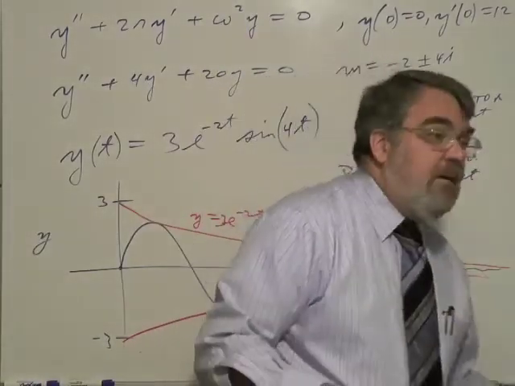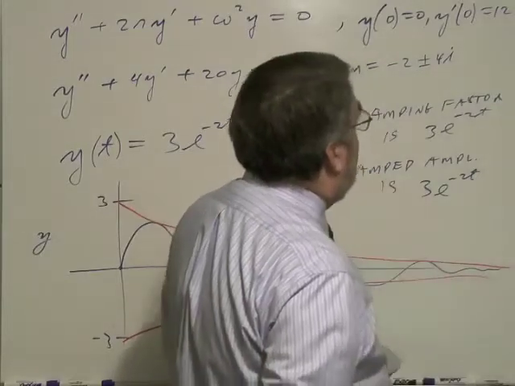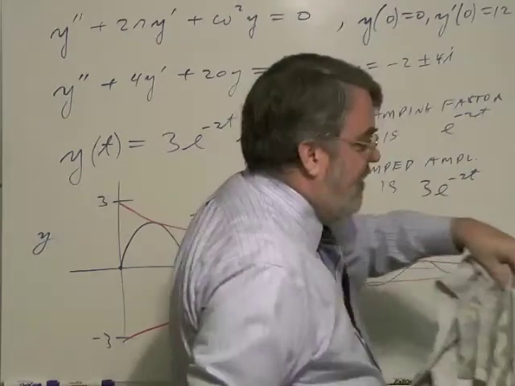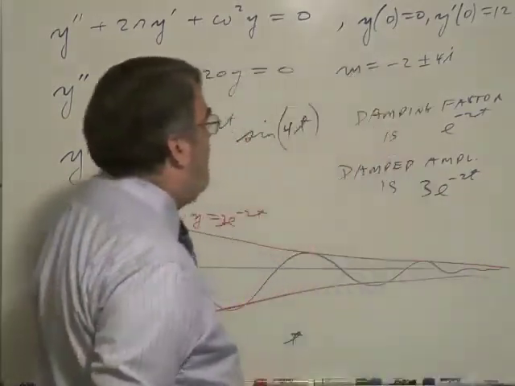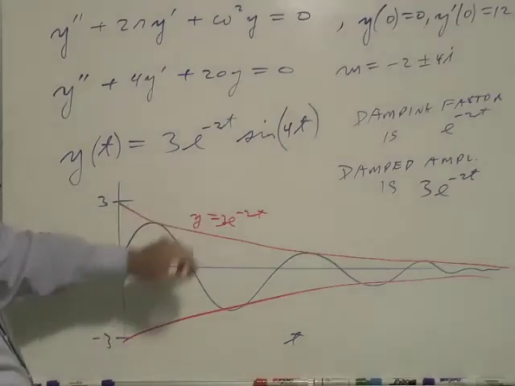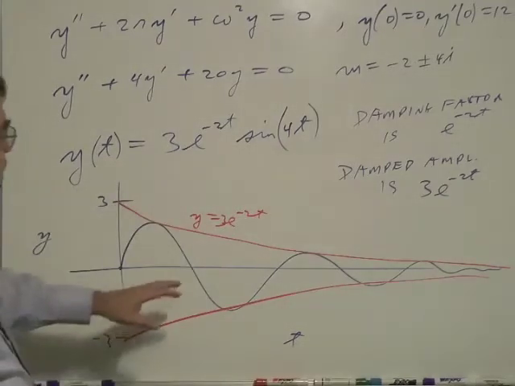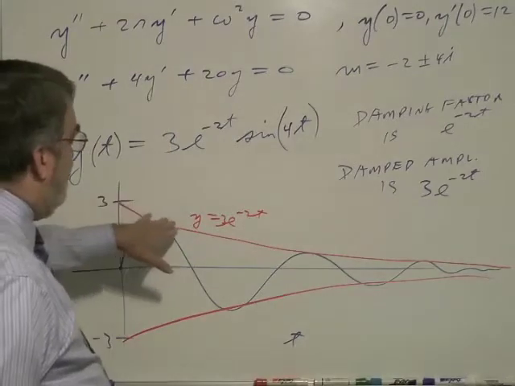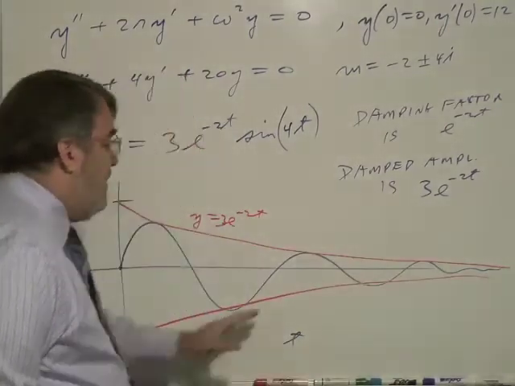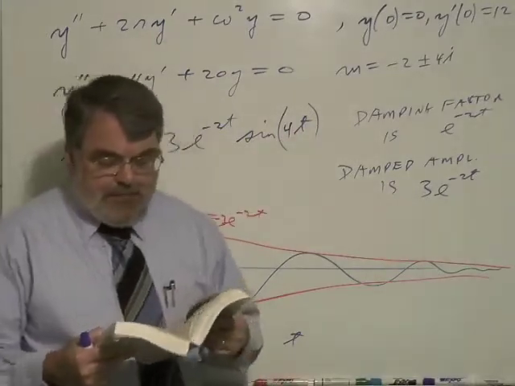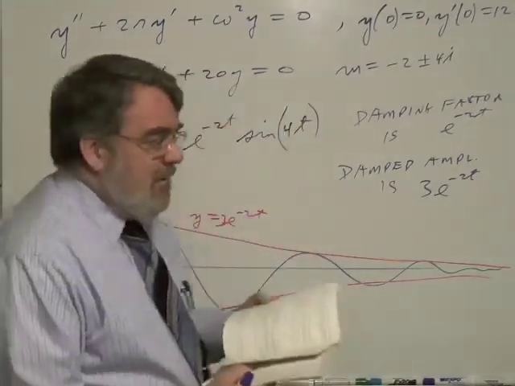Sorry about that. The damping factor is just merely e to the negative 2t. So I've got that a little backwards here in my mind. So the damping factor is e to the negative 2t, but the damped amplitude is the product, 3 times e to the minus 2t. And it is the damped amplitude function which provides the boundary, not the damping factor, as I said a minute ago.